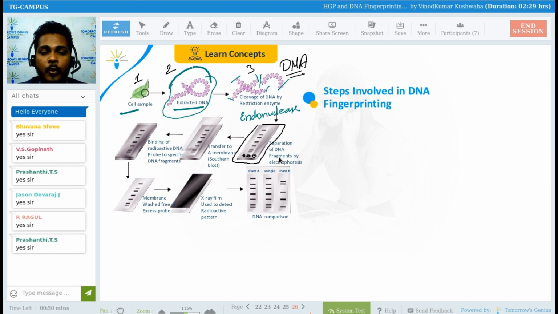So the one at the top is the smallest DNA fragment, and this is the largest DNA fragment. Based on that, you can separate the DNA fragments with the help of gel electrophoresis. Is this clear? This is step number 4.